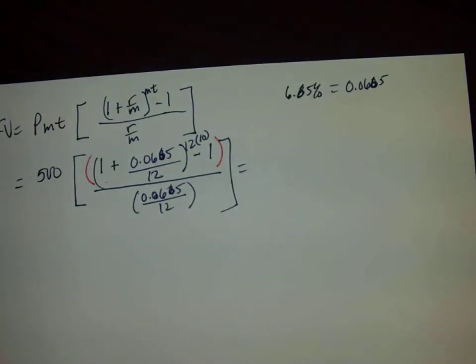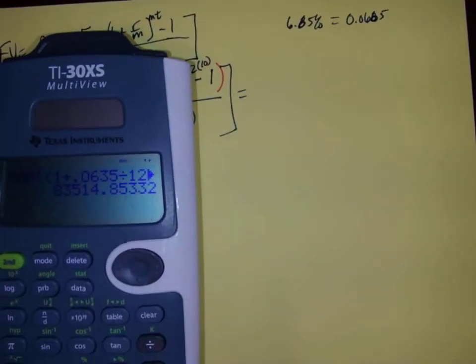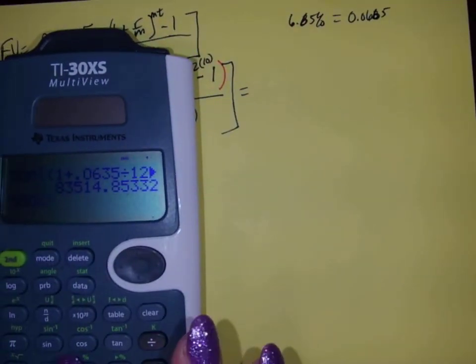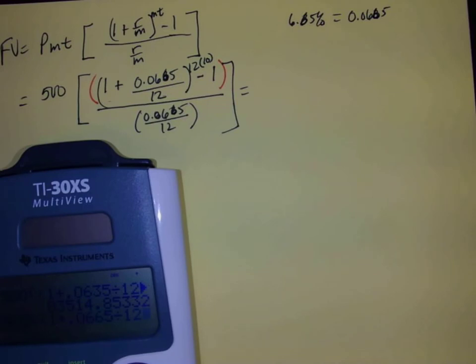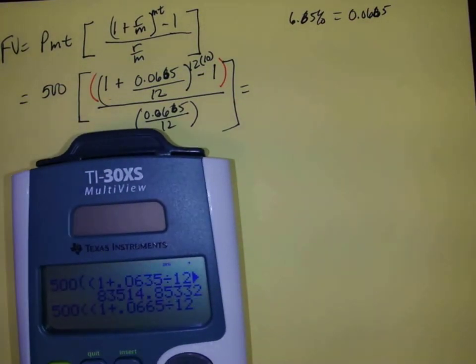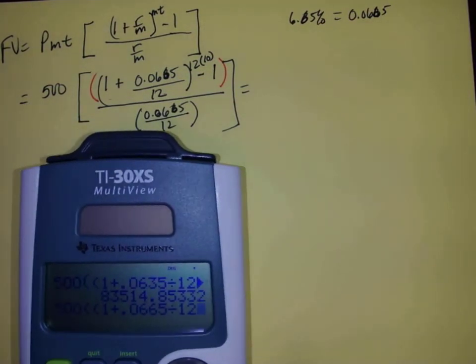That's not the right answer, so let's try this again. 500, parenthesis, parenthesis, 1 plus 0.0665 divided by 12, close the parenthesis, raised to the 12 times 10, bring it back down, minus 1, close that red parenthesis, divide by parenthesis 0.0665 divided by 12.